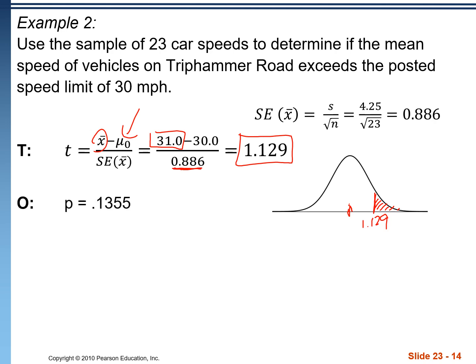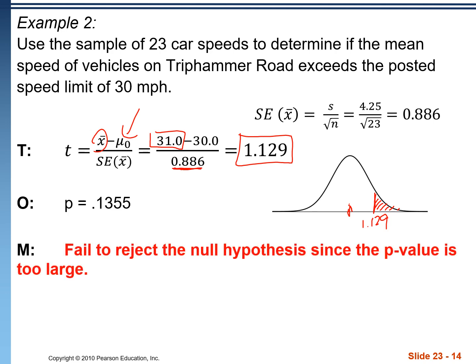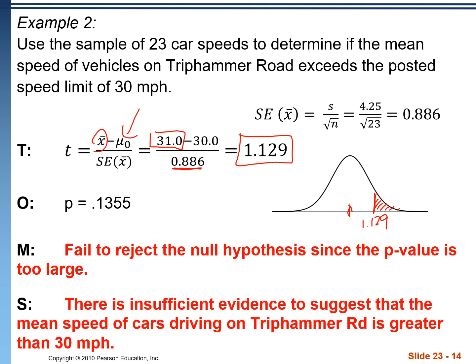We get a p-value of 0.135, okay, and now it's just like it was back in the last unit. We fail to reject because the p-value is too large. There is insufficient evidence to suggest that the mean speed of cars driving on Trip Emma Road is greater than 30 miles per hour. Make sure you're talking about the mean speed or the average speed.